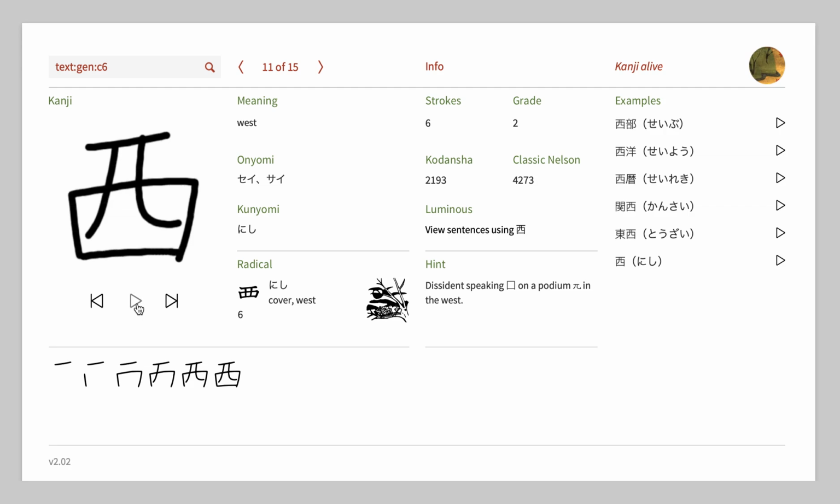Some of the commonly used words that use this kanji are Seibu, which is the western part of a country. And here we have Kansai, so as I just explained, the Kansai region, Osaka, Kyoto, Kobe, and then Tozai, which is east and west.